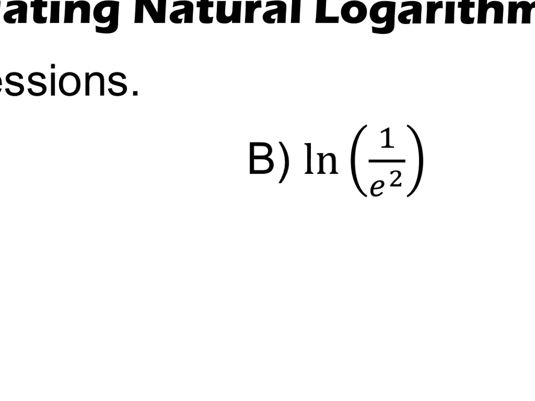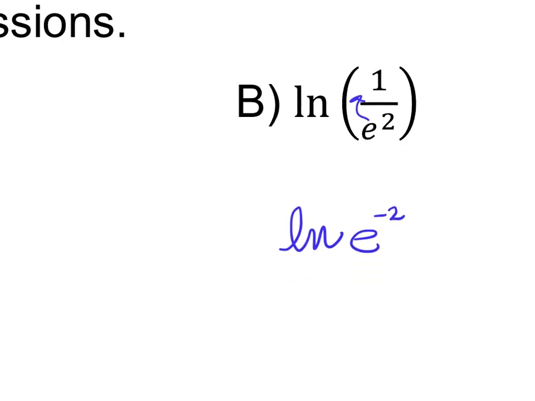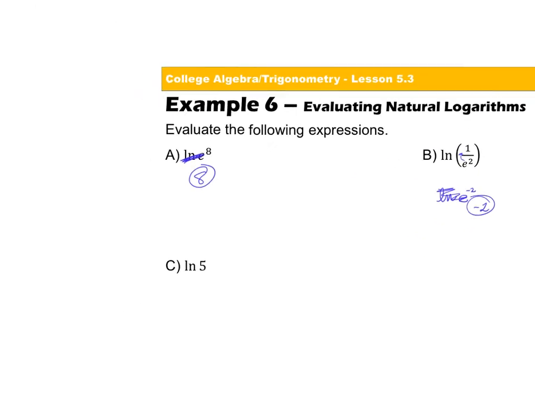Can you rewrite this so I don't have a fraction? No, don't distribute anything. If I wrote it like this, does that mean the same thing? Yes or no? Okay, so now what happens with ln and e? So what's your answer? Always, they're inverses of each other.